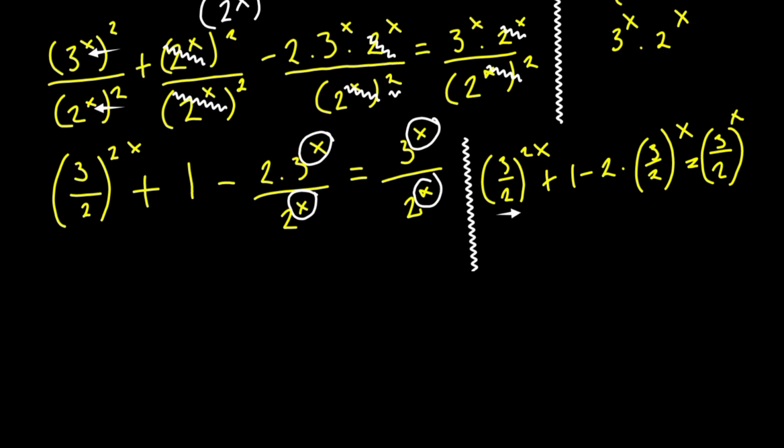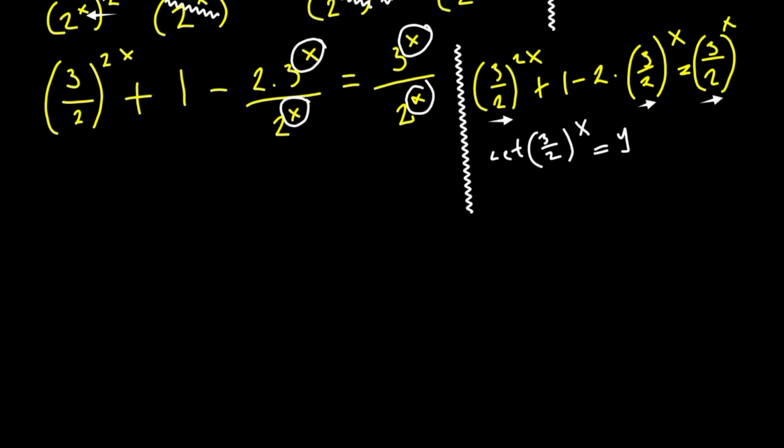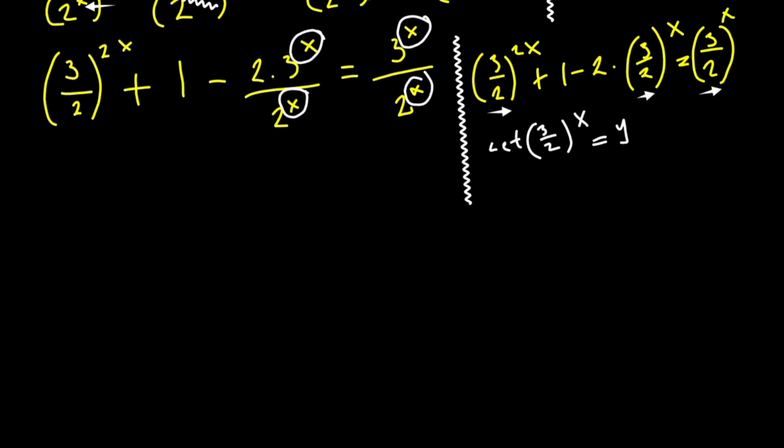From here on, we can use a brilliant substitution because they all have the same base. Let (3/2)^x equal y. This substitution helps us to break down the equation. So we have y², because we can interchange the position of 2 and x to make our substitution more valid, then plus 1 minus 2y equals y.